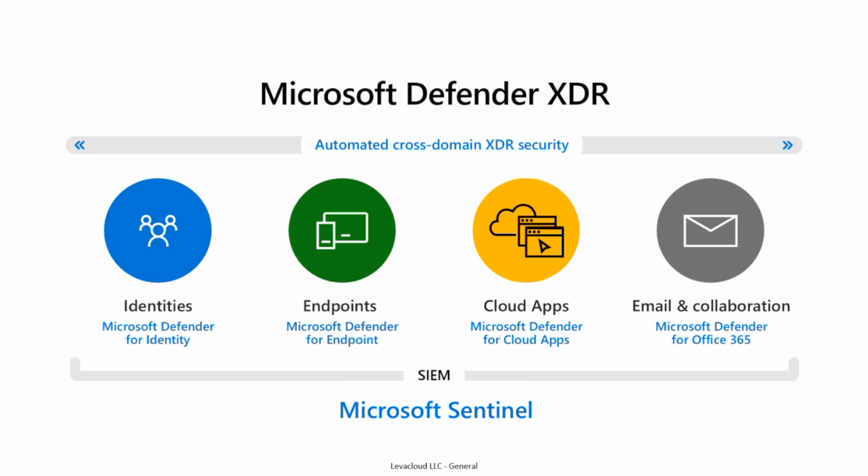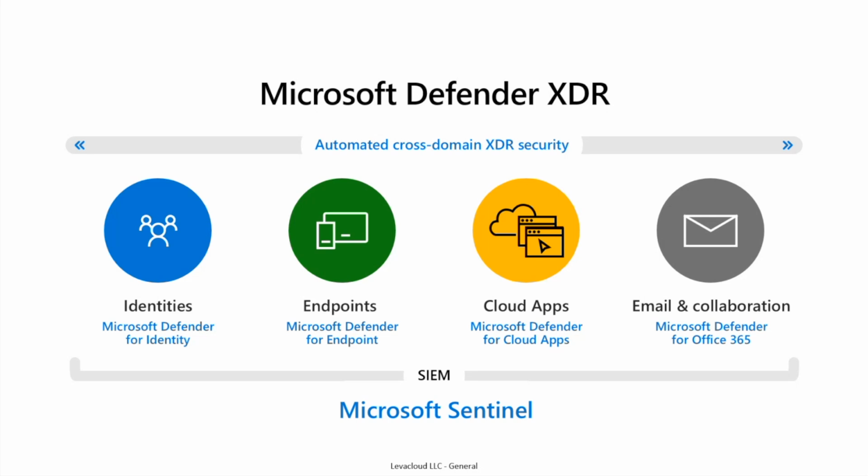And if you have a threat that starts in Defender for Office, and the threat actor is able to get some sort of a foothold, or they're coming in at different angles and hitting some of these other domains, you're going to see one incident inside of Defender that shows you alerts from each of these individual security tools, rather than buying several products from several different vendors and having 5 or 6 different dashboards to manage, where you're sort of spinning around on your chair trying to figure out if the thing on the left's related to the thing on the right.